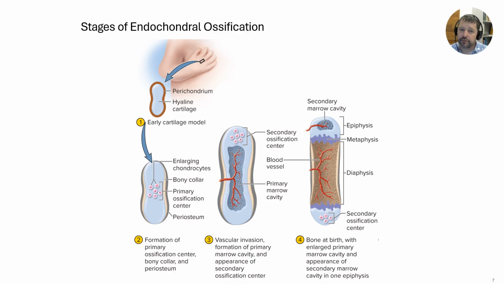A little bit different because it's a cartilage model. You're going to have chondrocyte cells laying down cartilage. Hyaline cartilage is going to be laid down. In this case, the perichondrium will encase it, and then hyaline cartilage will fill in the material.